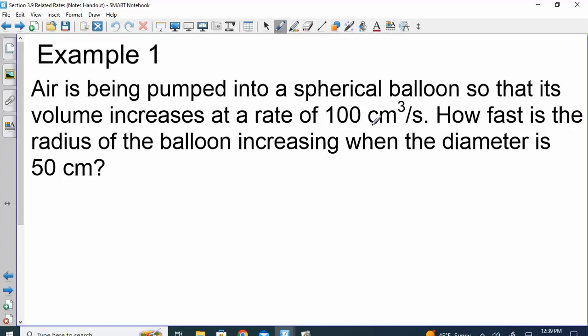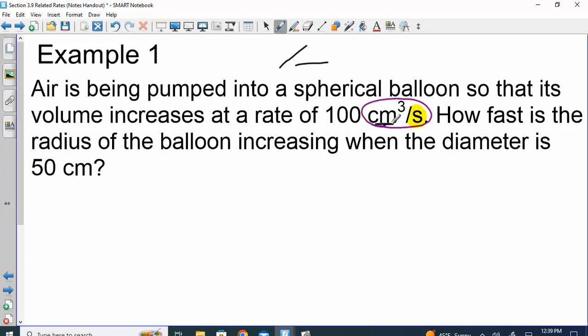Your units are going to tell you a lot. When I'm looking at the units, anything that has a per second or per minute or per hour, that's a rate. So it has to be a derivative. All the derivatives will always have per some unit of time. So this represents a derivative.